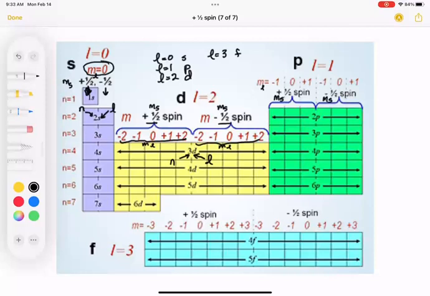And yes, I am also recording this particular lecture because I know I'm giving you lots of diagrams to look at.